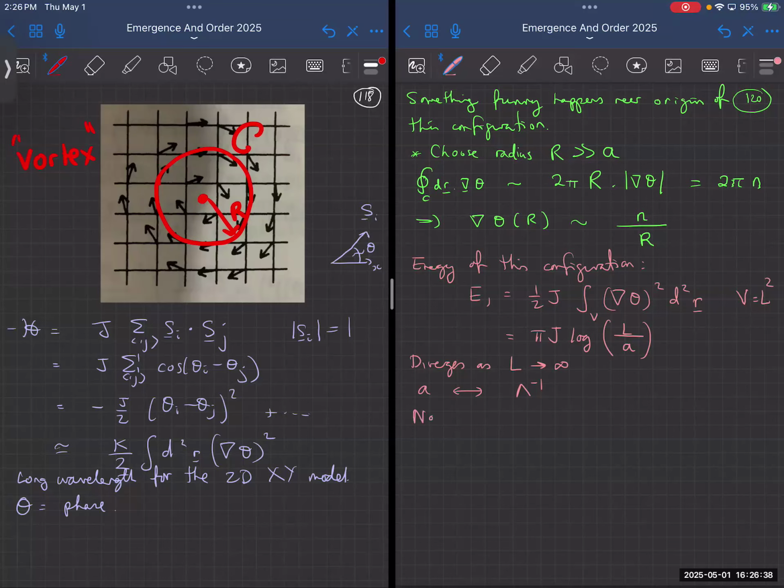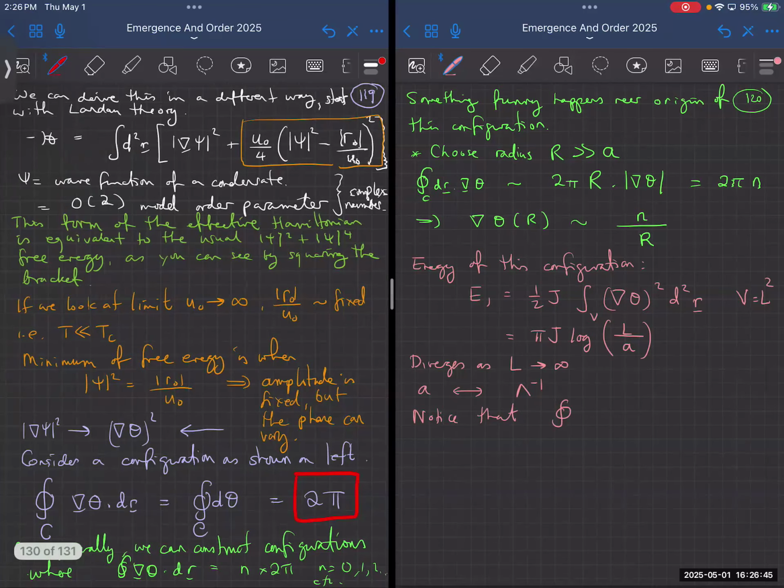So we can say, notice that the line integral of grad theta dot dr is equal to 2 pi going around that contour C, independent of the radius of the contour.